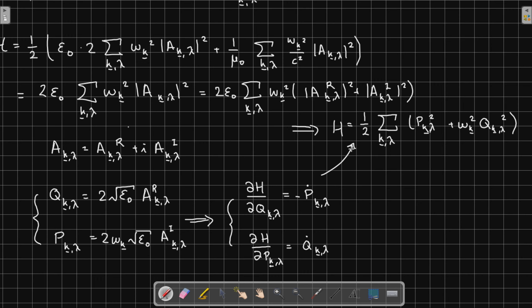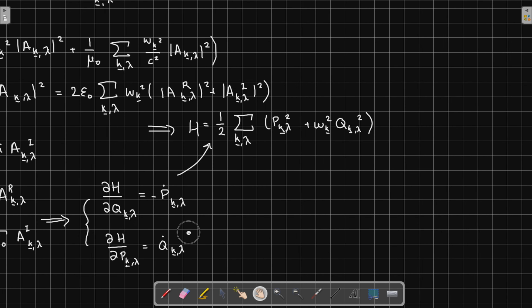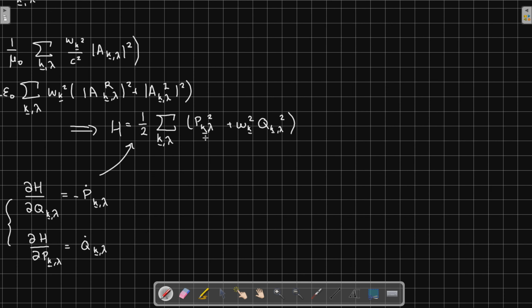So now we can quantize it and get a quantum harmonic oscillator. And we do this in a very similar way to how we quantize the normal harmonic oscillator. And that's essentially by promoting these canonically conjugate variables to canonically conjugate operators. So I can just upgrade this p and this q. So this p_kλ will become an operator. Same with the q.